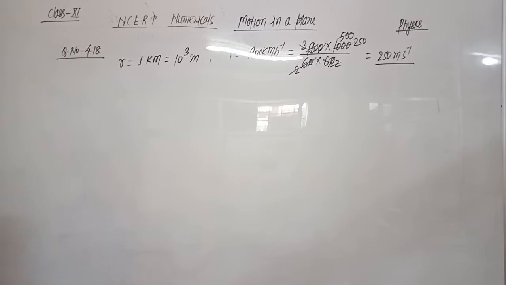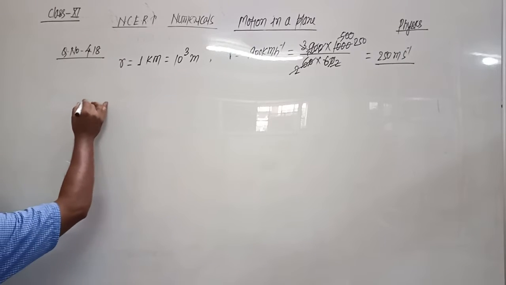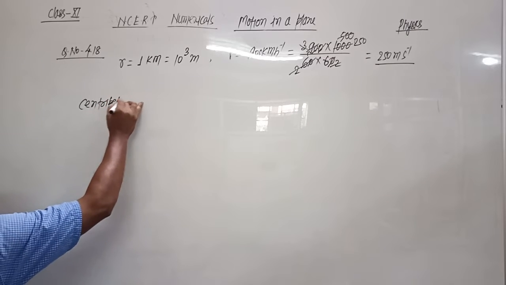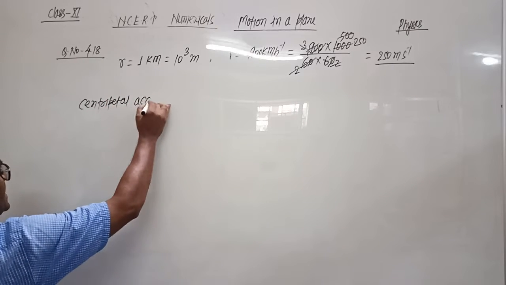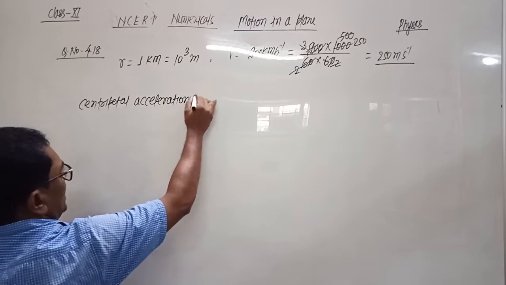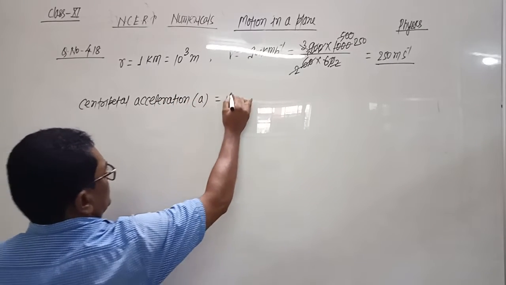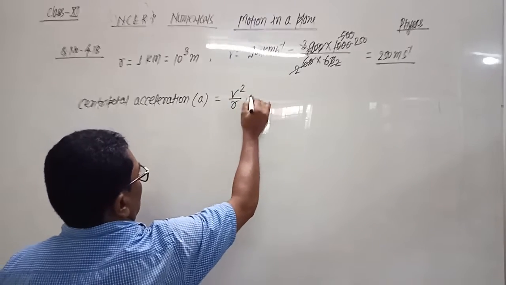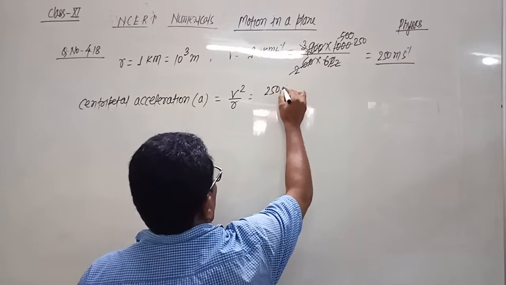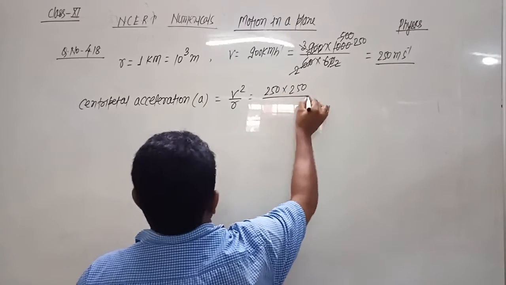Firstly we calculate the centripetal acceleration, and for this we use the formula a equals v square by r. v square means 250 into 250 upon r.